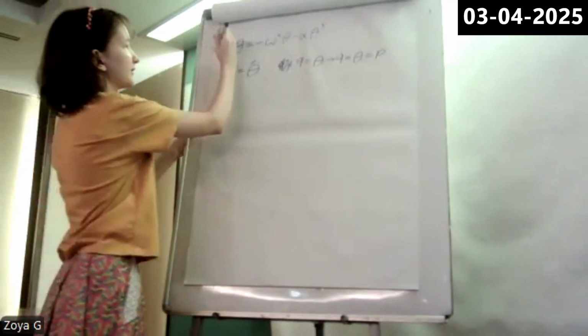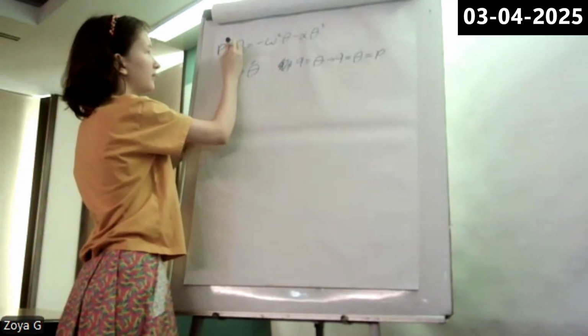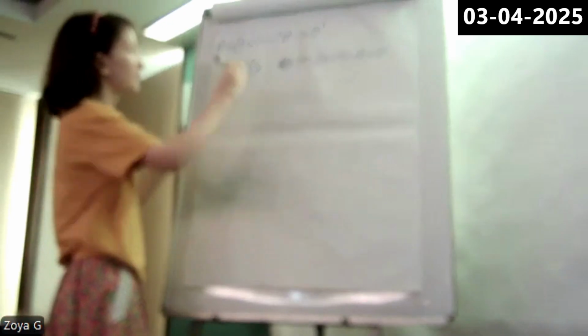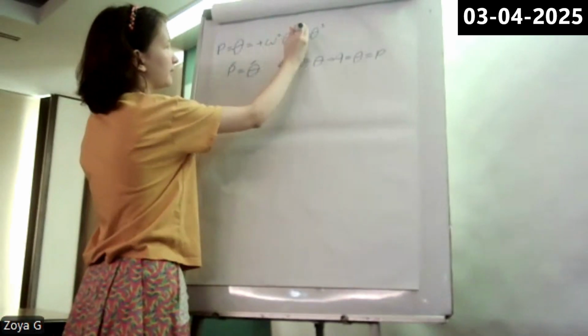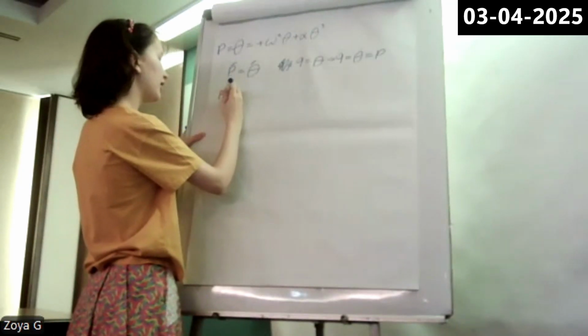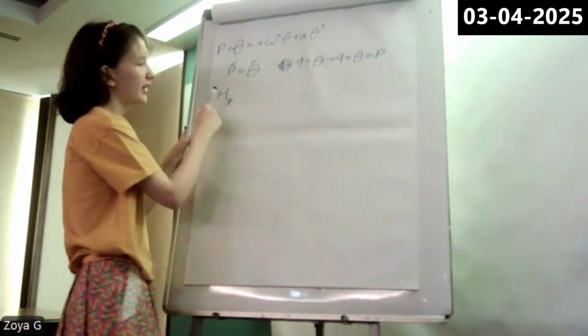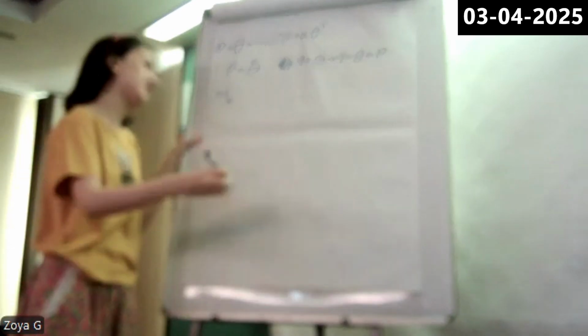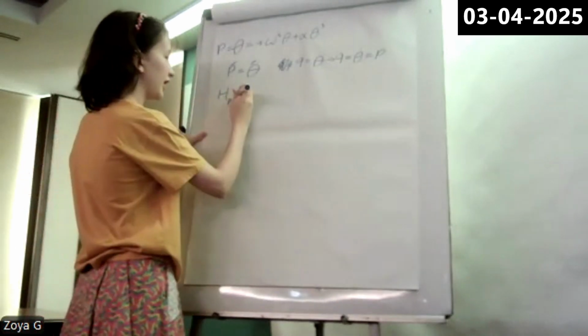So this is p dot. Let's firstly move the negative sign, and then let's integrate it. So how do I denote this? Let's denote it h_p for the p component of h, I guess.